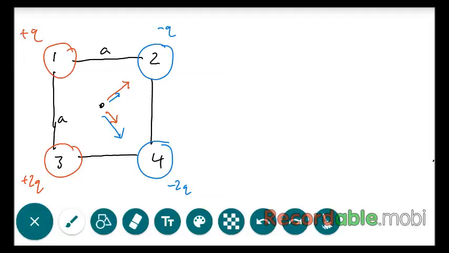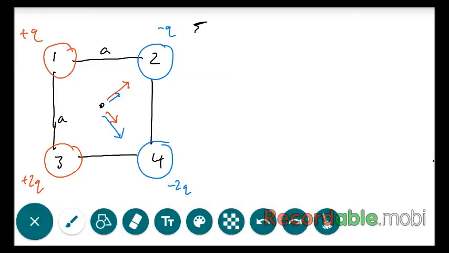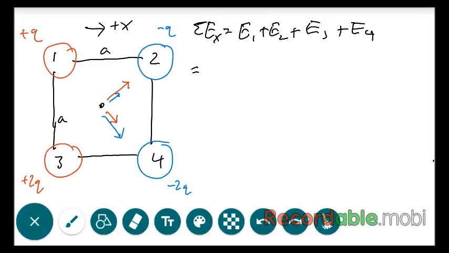Now, to calculate the E field at this point, we're going to have to, again, use the x and y components separately. So I'm going to say the sum of the E fields in the x direction is equal to E1, which is K times the charge of particle 1, which is Q, over the distance.